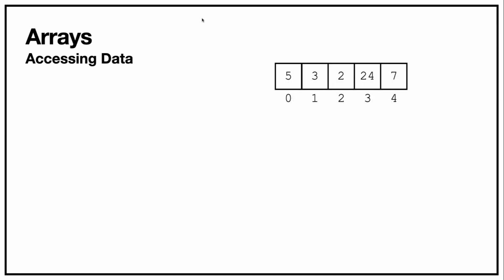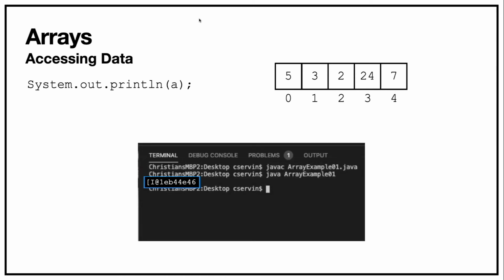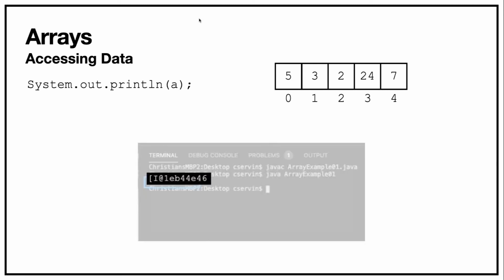So consider the following array. One natural way to print the values is to use System.out.println and then print the array A in this case. So you might think that you're going to get all those values printed, but instead we have this. So let us go ahead and explore what this really means.